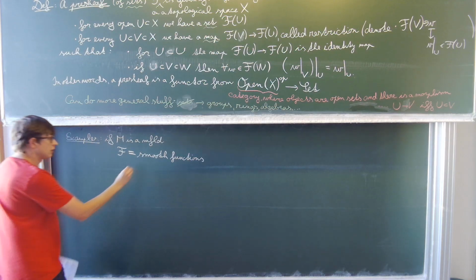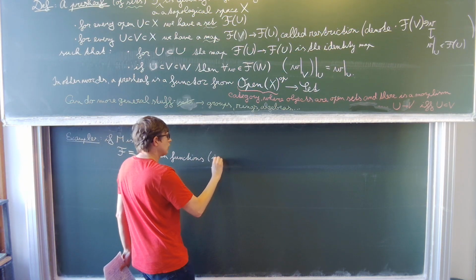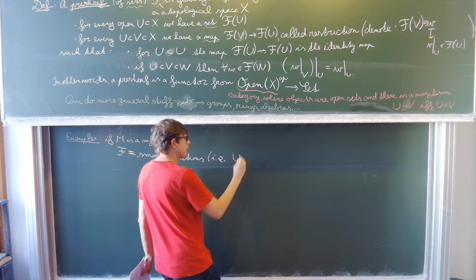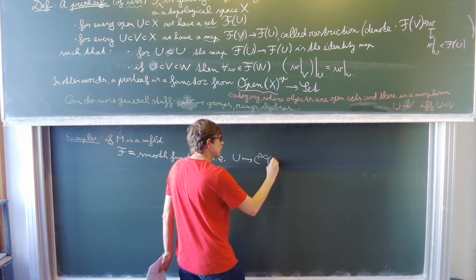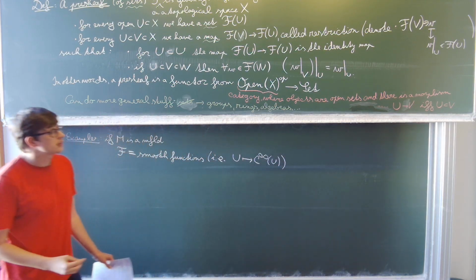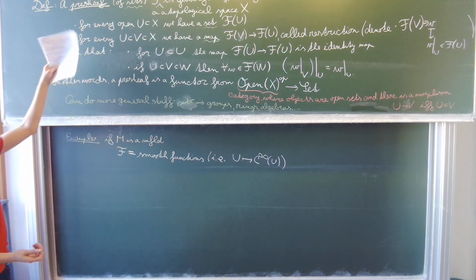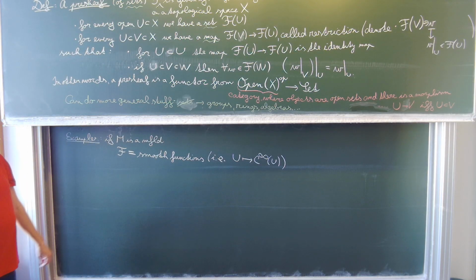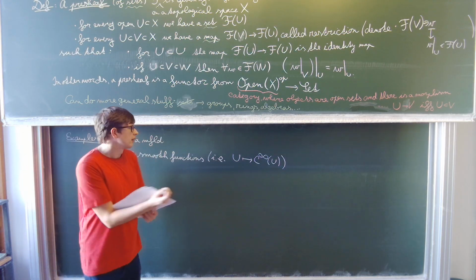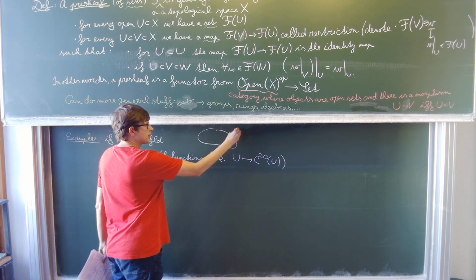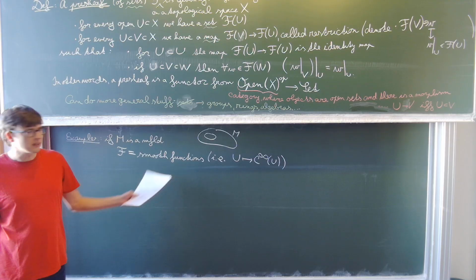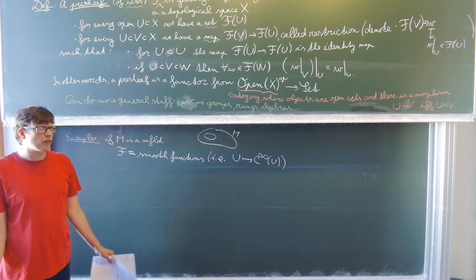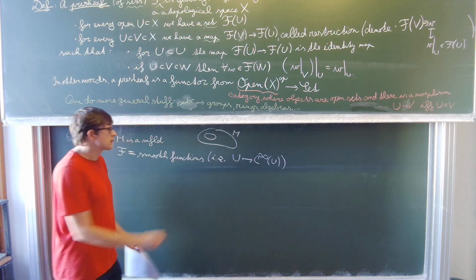It means that to every open set, we assign the algebra of smooth functions, or set, or whatever, depending on what you want your sheaf to be. So the assignment tells you that to each open set you have an assignment of smooth functions on the open set.